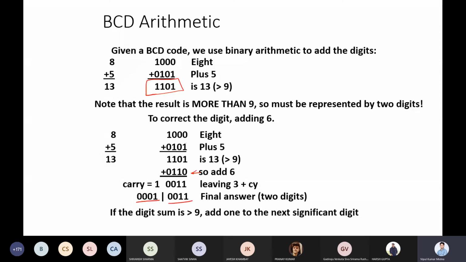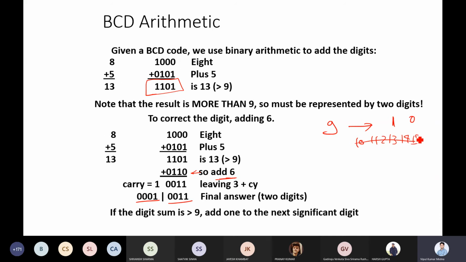Any doubt till this point? Why +6 comes into the picture? From where does the 6 suddenly come into the picture? Because once you represent BCD, it has 6 invalid bits, or you can say after 9, directly there is nothing like 10, 11, 12, 13, 14 and 15. After 9, it is 10.